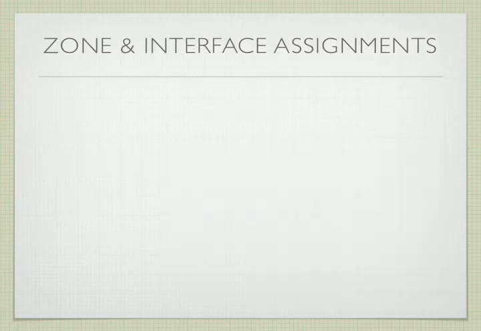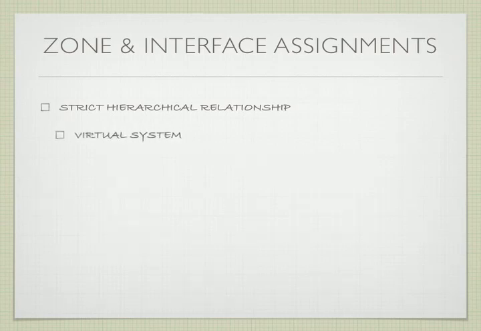Zone and interface assignments. So there is a strict hierarchical relationship between all of these objects within the ScreenOS architecture. At the top of the tree, we have the virtual system, as we just mentioned. The virtual system is the big piece, which can contain all of the other ones.